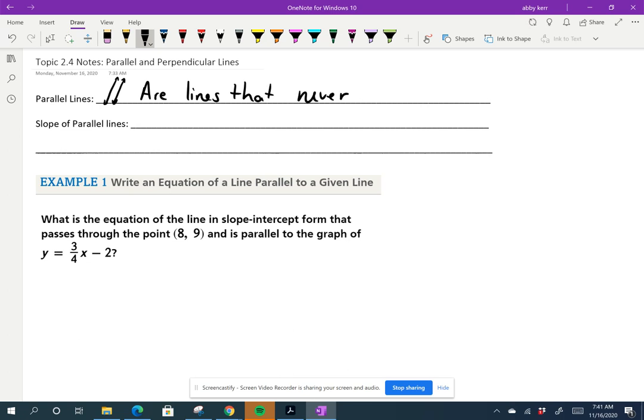So they will never cross. They could go up and to the right. They could be both horizontal. The reason why they never intersect is because of the slope.